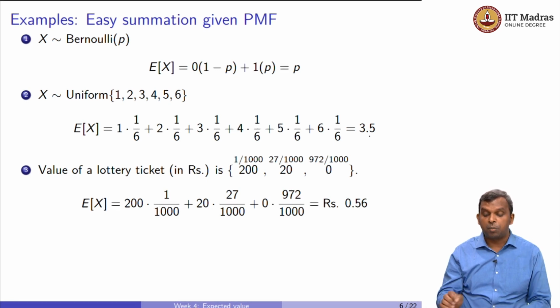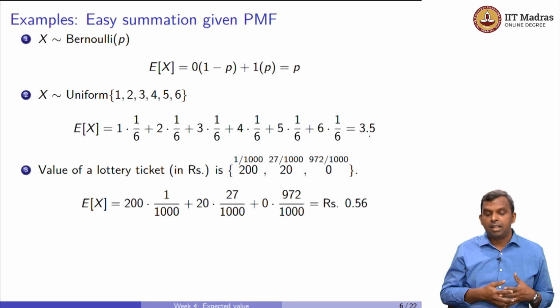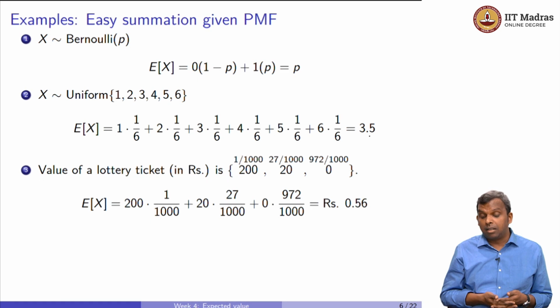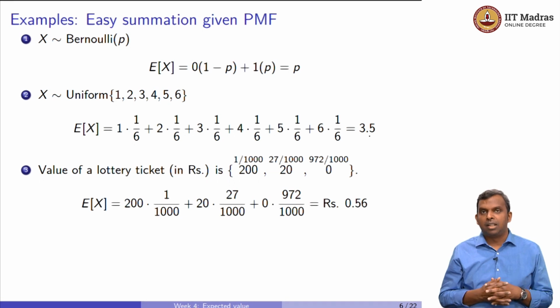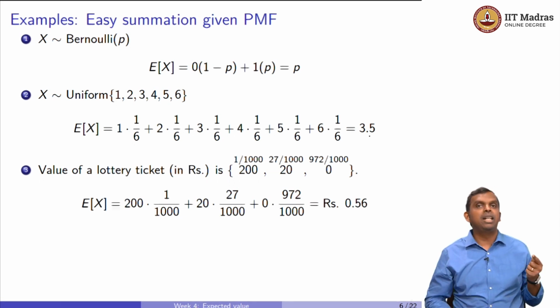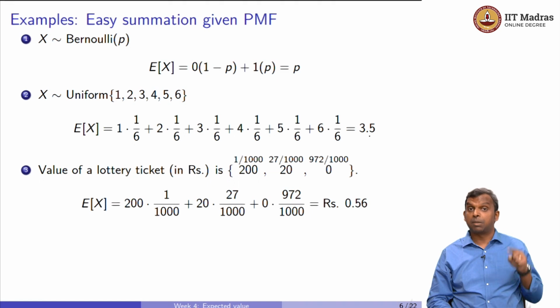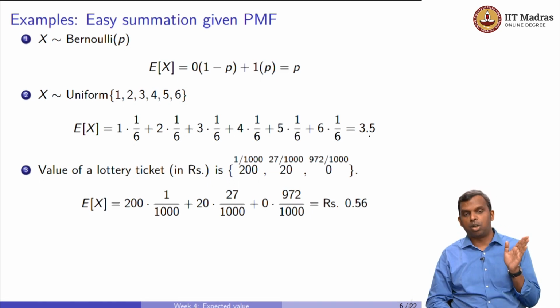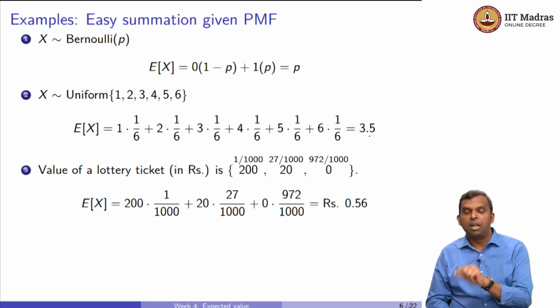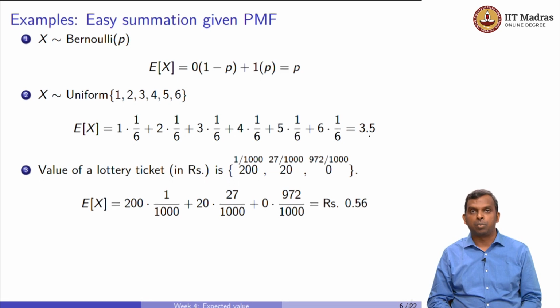Okay, so most people will look at 200 rupees and say, okay, this lottery might give me 200 rupees, but look at the probabilities. The way the probabilities work, 200 happens with very low probability. So even though there is a possibility that you will get 200 rupees, the expected value of the random variable over a long term, if you take average, you will only make 0.56 rupees.